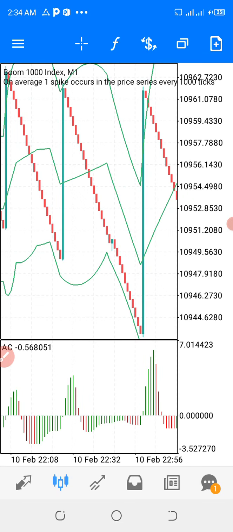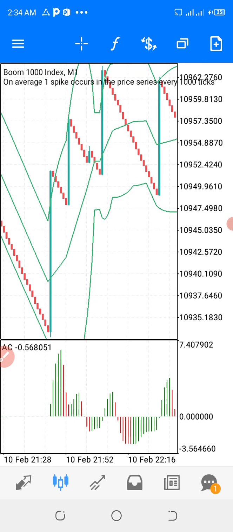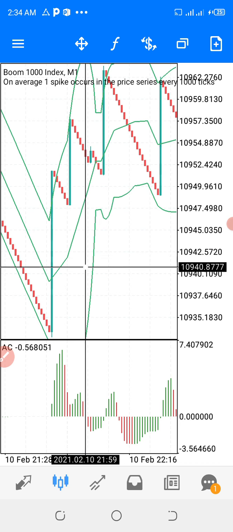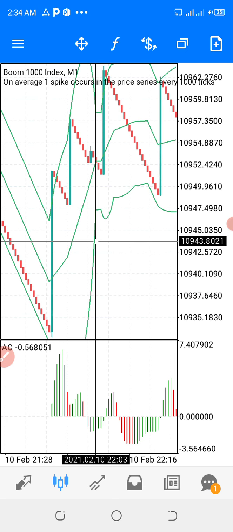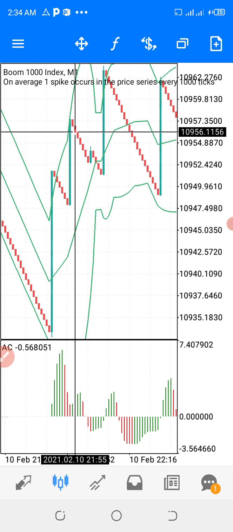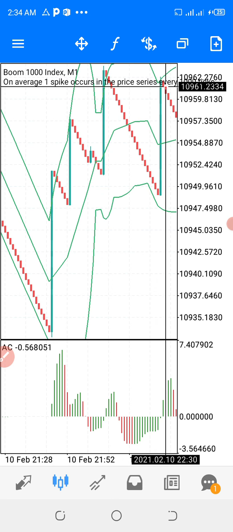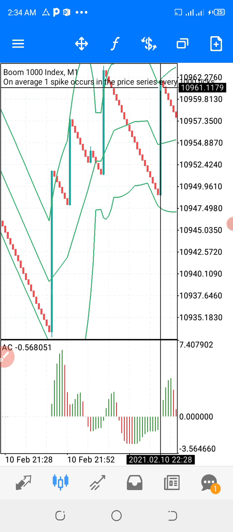If the spike closes above the Bollinger Band, and another spike comes and closes above the Bollinger Band, like this scenario here, you can still be opening a trade. You can open a trade here, another trade here, then another trade here. Definitely it will start going down anytime.